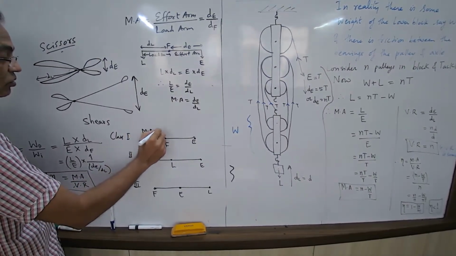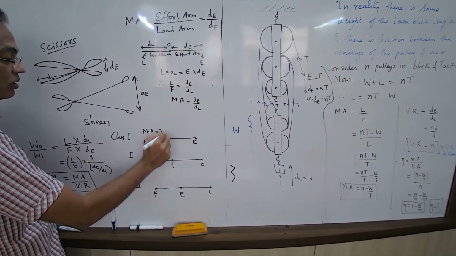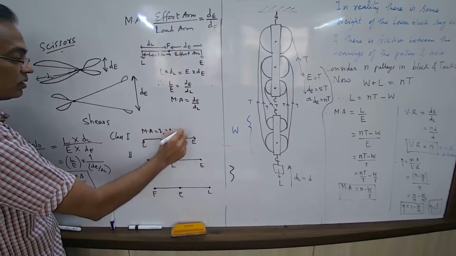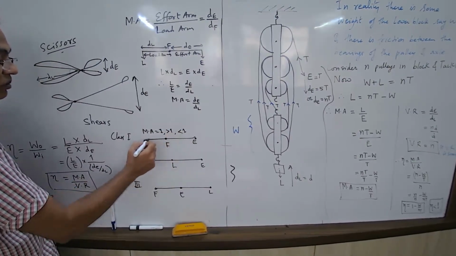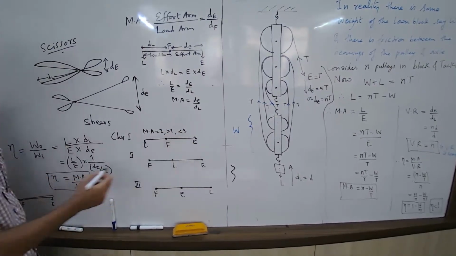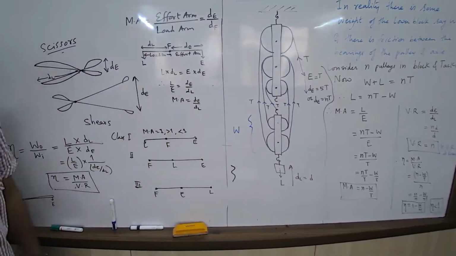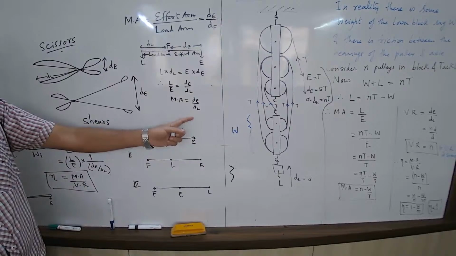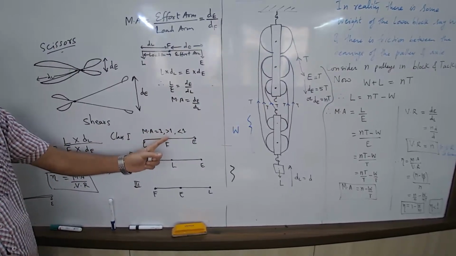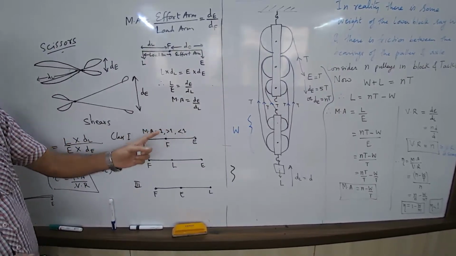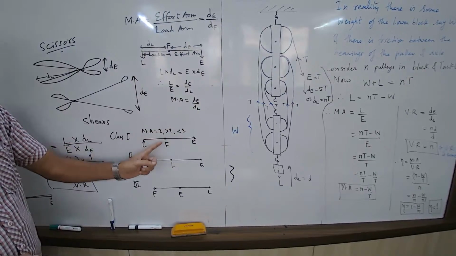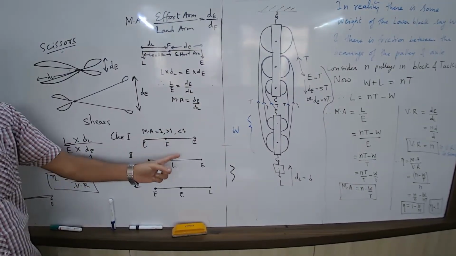It could be equal to 1, greater than 1, or less than 1. Why? Because the fulcrum can be anywhere. It is not fixed. So if the fulcrum changes, DE and DL also change. When DE is greater than DL, MA will be greater than 1. When DE is less than DL, it will be less than 1. When it is exactly in the middle, it will be equal to 1.